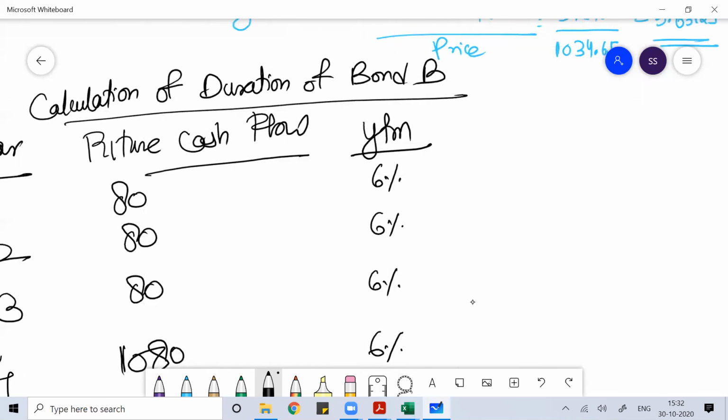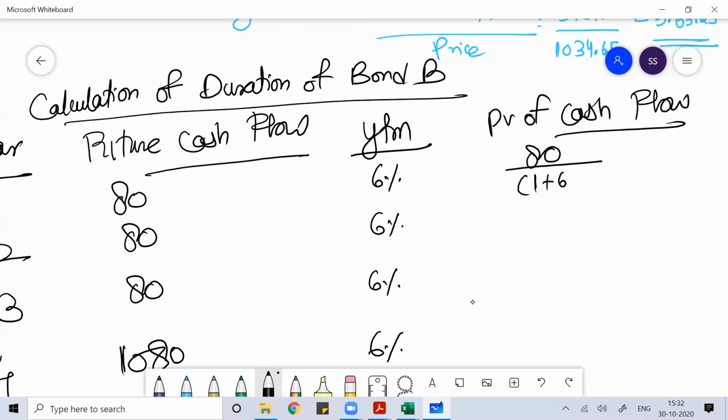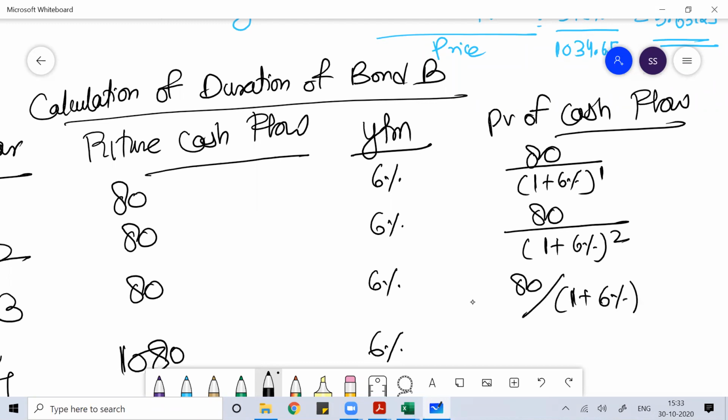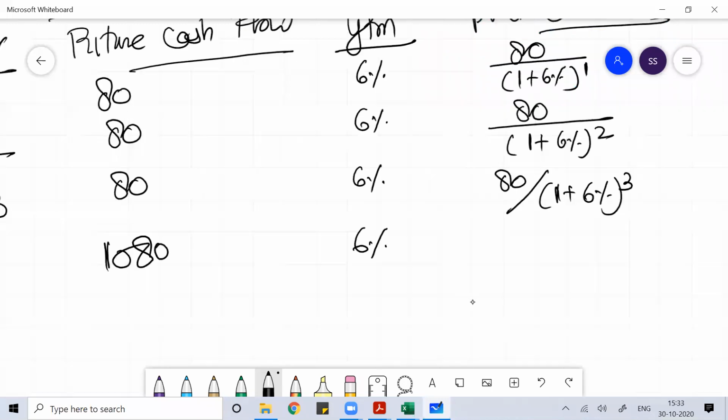The present value of cash flow is 80 divided by 1 plus 6% to the power 1, 80 divided by 1 plus 6% to the power 2, 80 divided by 1 plus 6% to the power 3, and then 1080 divided by 1 plus 6% to the power 4.